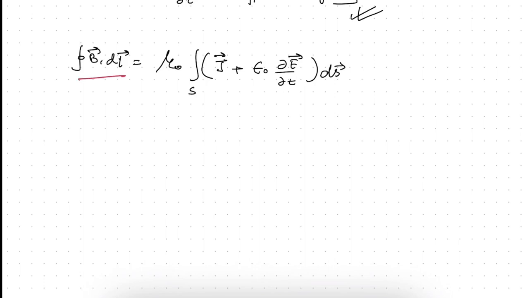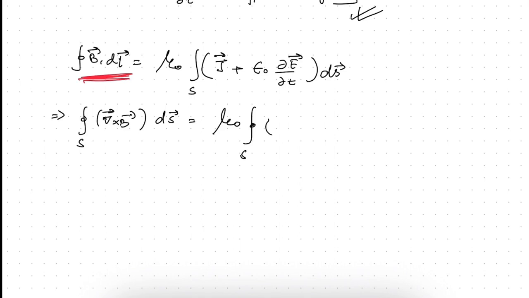Again, convert this line integral to surface integral. Now use Stokes theorem to convert this line integral to surface integral. Convert this one into surface integral using Stokes theorem. So in order to convert this one into surface integral, we need to take curl of B, that is del cross B. Now it becomes surface integral, mu naught surface integral of J plus epsilon naught del E by del t dS, right?